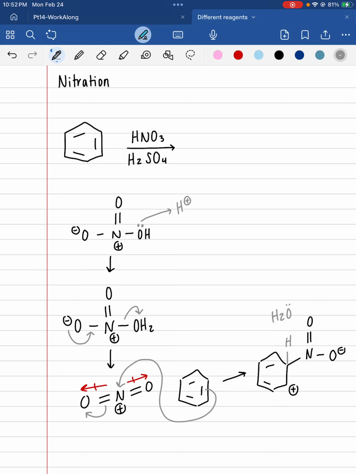The electrons are going to grab onto the hydrogen, and then the bond from the hydrogen is going to add on to the aromatic ring, making it an aromatic ring again. And so that's going to look like this.